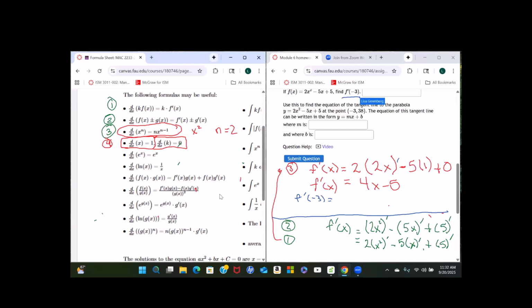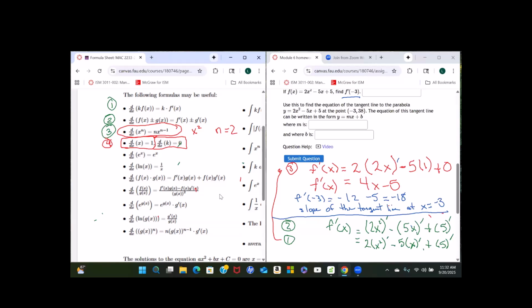Then you can just substitute the x. Exactly. This is minus 12, minus 5, which is minus 17. And that is the slope of the tangent line at x equals minus 3. Because this graph is not constant, it's a parabola, the slope is going to keep changing. But at minus 3, that's the slope.